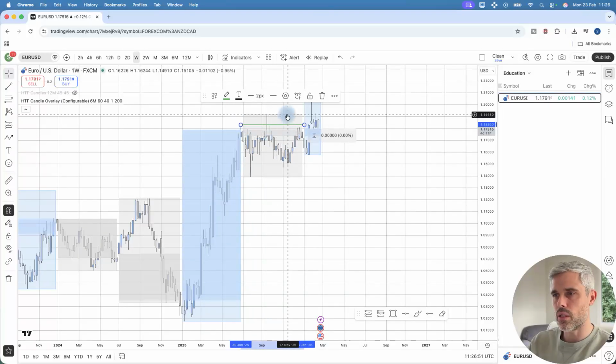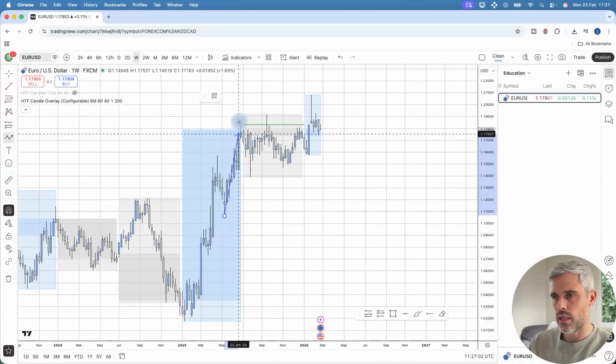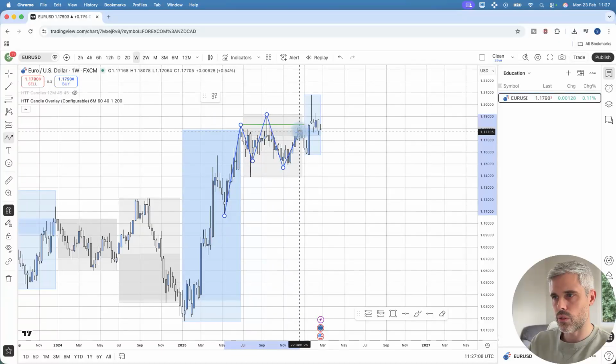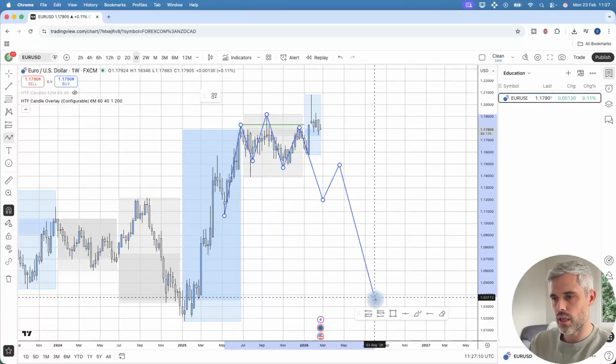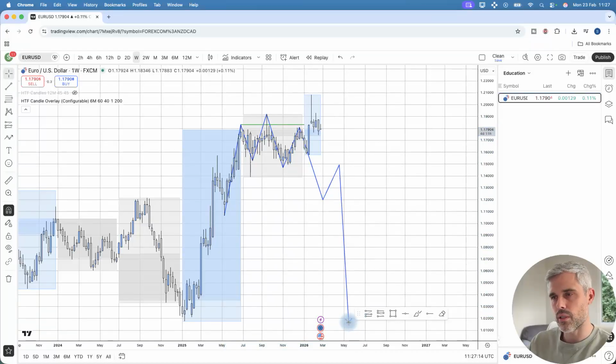But ultimately, what this 6-month does is it manipulates the previous 6-month range. So now, at this point, what we might expect to see is price has liquidated the high and now is going to shift in our favor and then dump to the opposing end of the range. So that's the 6-month story.